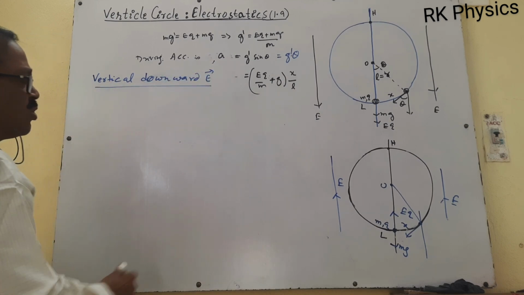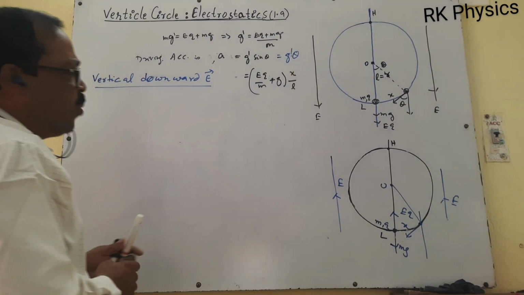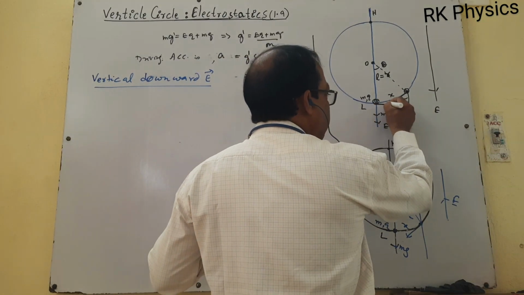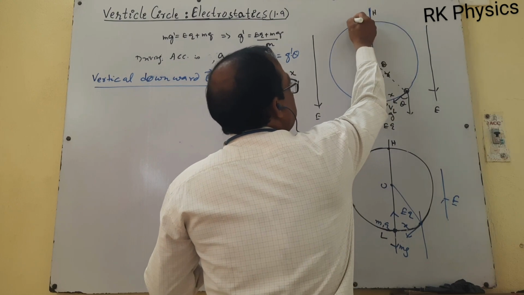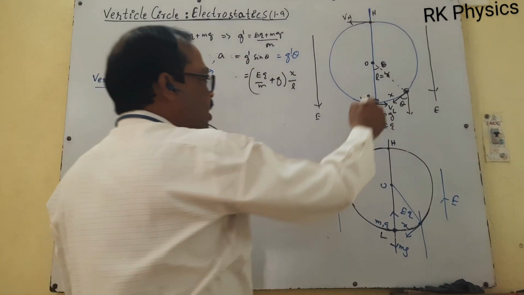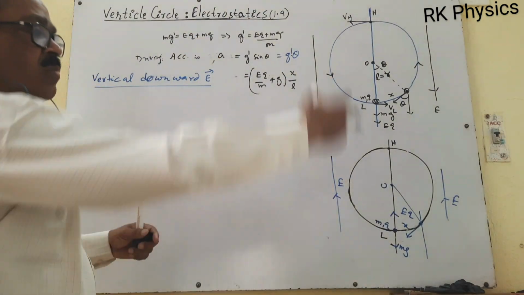You consider this figure, first figure. Now in the vertical electric field, just to imagine, the object starts here with velocity VL and the minimum velocity at the highest point is, let us say, VH. The object is moving along the vertical circle like this.